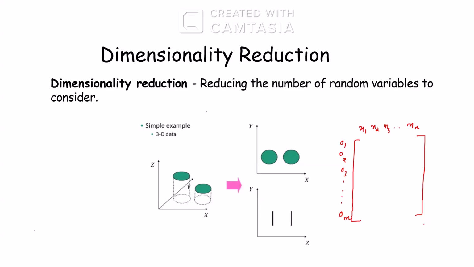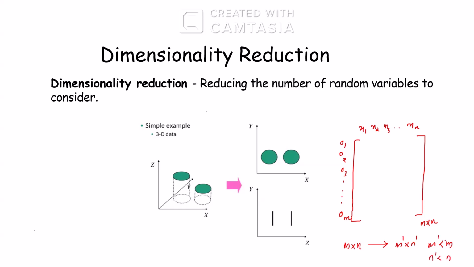What is the dimension of this matrix? M by N matrix. So dimensionality reduction particularly means reducing this m by n into some m dash by n dash, where m dash is less than m and n dash is less than n.